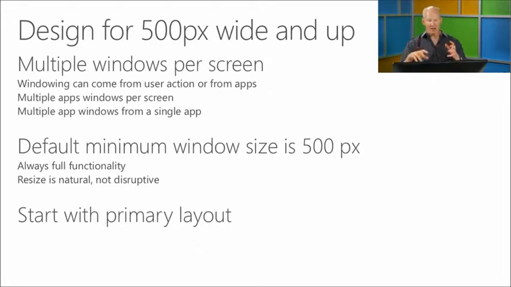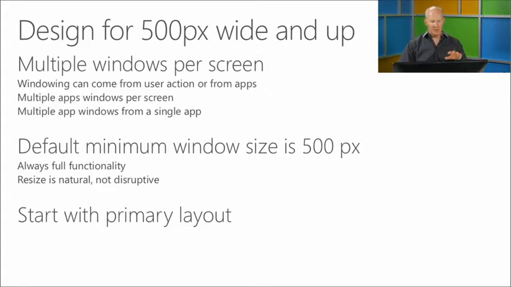A user action, like we had seen, dragging and dropping to open multiple apps on the same screen at the same time. It can happen from the app itself, like opening that photo from the mail that we had seen, or reading list app opening the web page. Or it can be multiple windows from a single application, like we had seen with the mail app, being able to open a mail in another window so I can compose the mail while I'm still watching my feed of mail that's coming in.